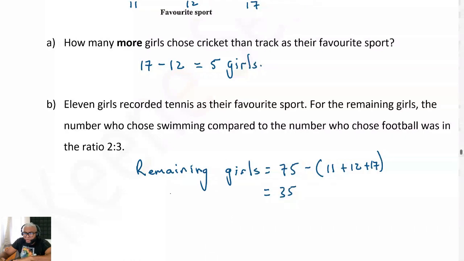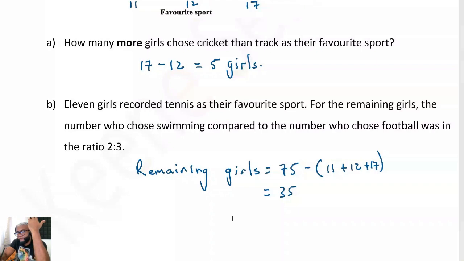Now, the ratio of swimming compared to football is given by 2 to 3. So swimming to football, that's 2 to 3. How many parts in that ratio represent swimming? 2 parts.